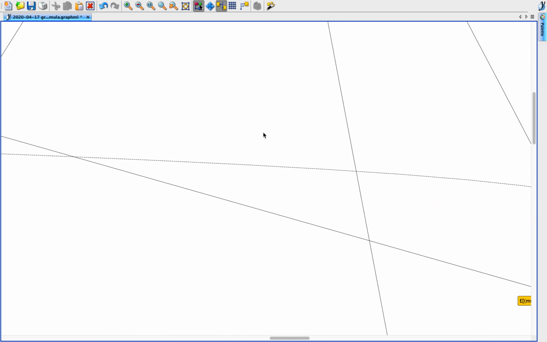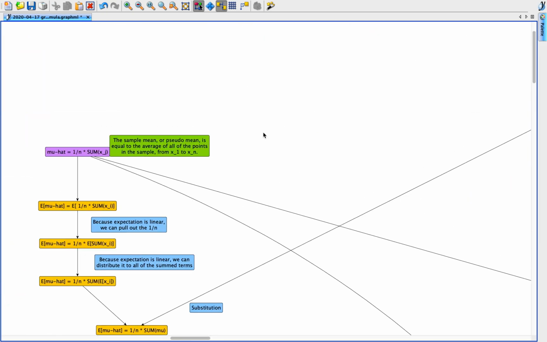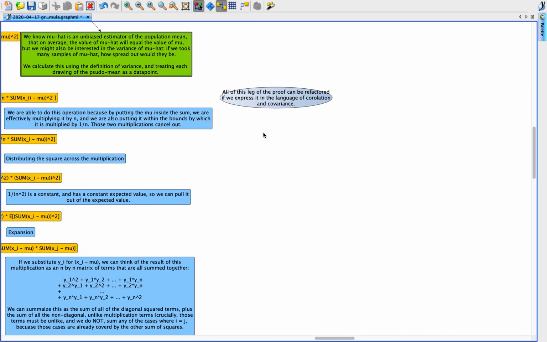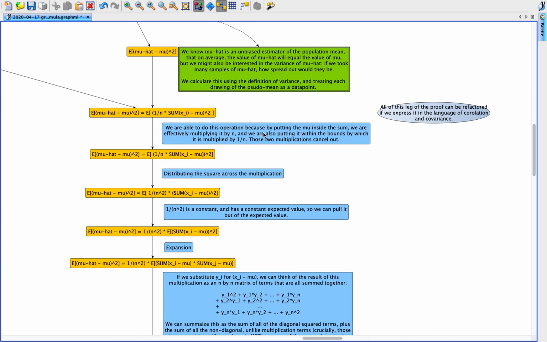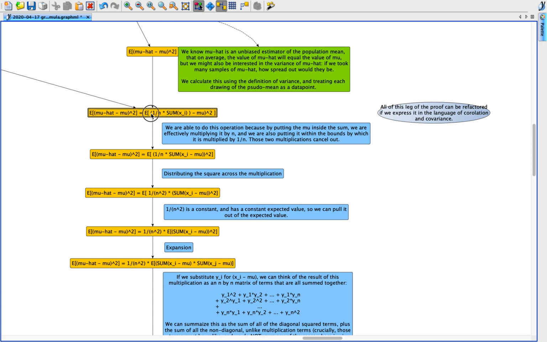Well, we're drawing in something from over here. We're taking mu hat, and it looks like we are just substituting in the value of mu hat. We're going to add an extra parenthesis.